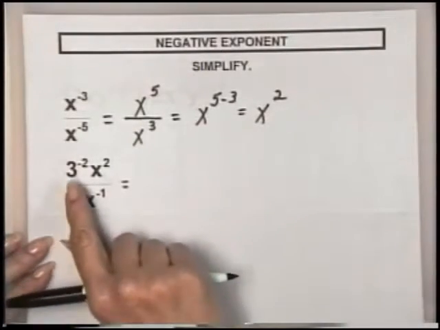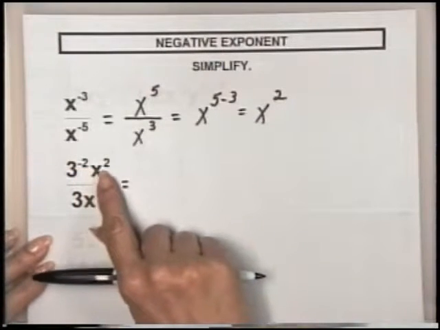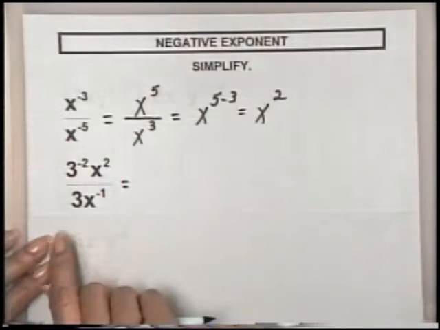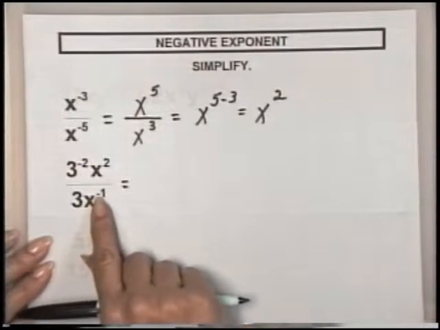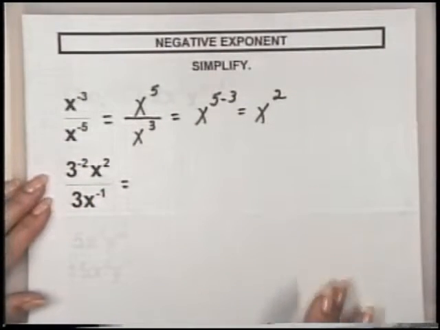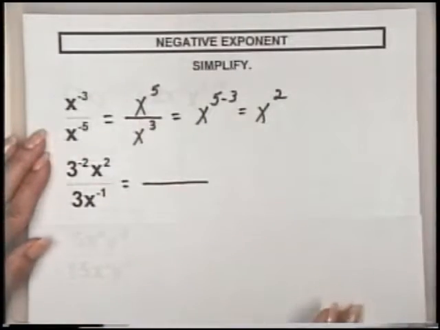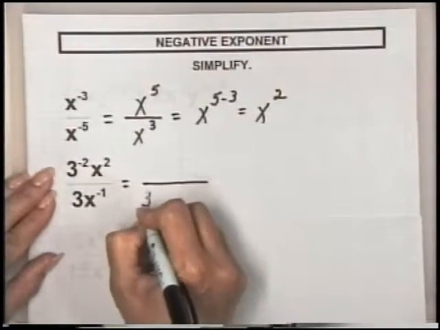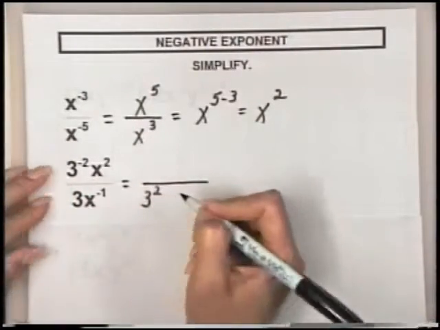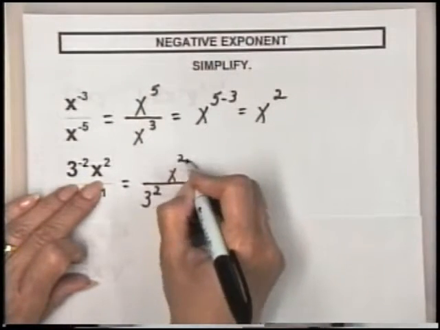So for this division problem, I have a factor of 3 to the negative second power, a factor of x squared. In the denominator, I have a factor of 3, a factor of x to the negative 1 power. Let's move our factors that have negative exponents. 3 to the negative 2 power will go to the denominator as 3 to the positive 2 power.